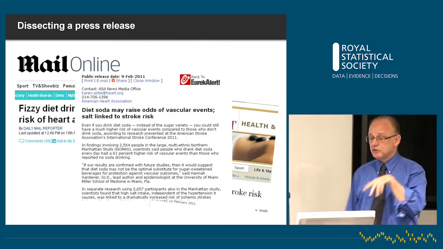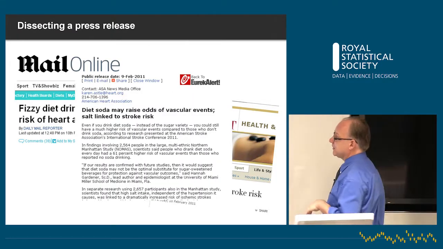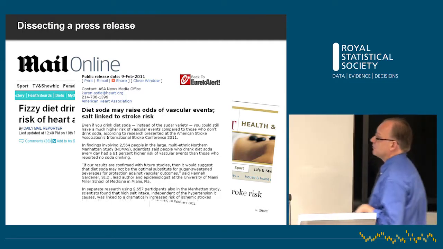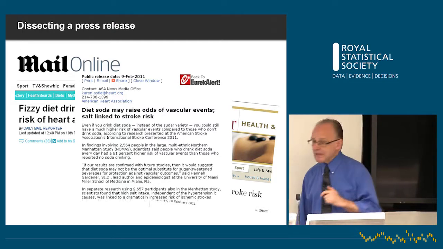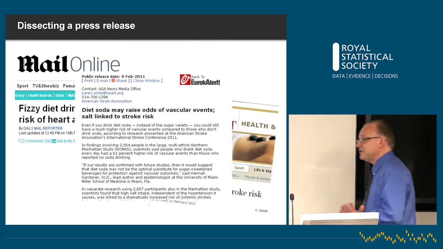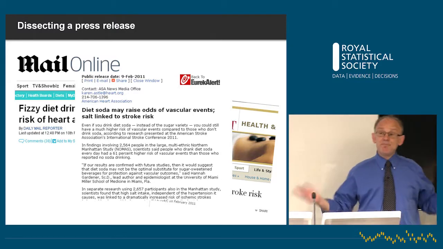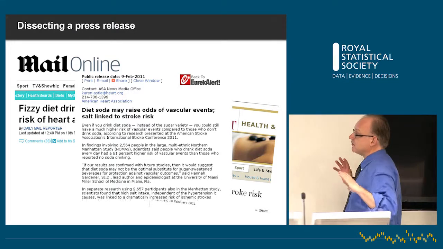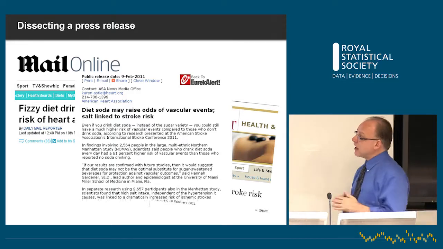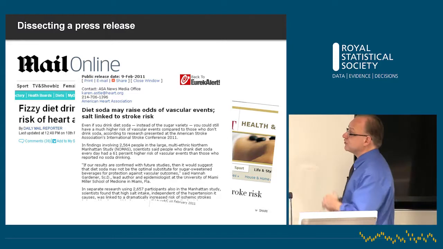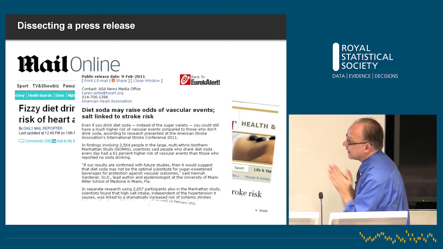So, in front of you, you've been given a press release that was issued by the American Stroke Association, and it was issued to all journalists via this thing called Eureka Alert, which is a sort of repository, a one-stop shop, dread phrase, for press releases that come out from all sorts of things, from journals to events like this.